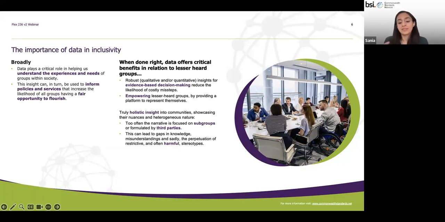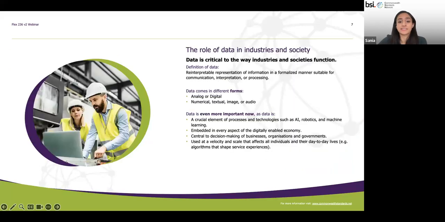But also the narrative could be driven by third parties who have a specific agenda or again have a leaning towards one group or the other. This can sadly lead to the perpetuation of restrictive and often harmful stereotypes. And we are trying to combat that then through data, or through inclusive data.